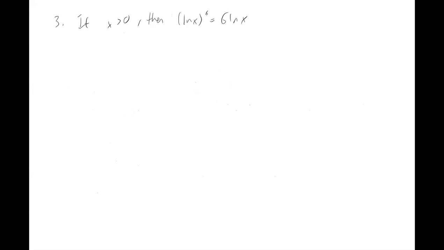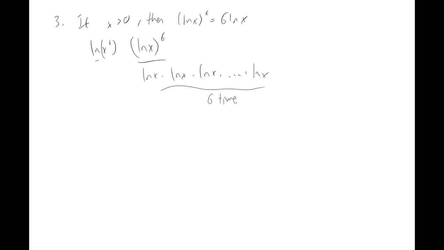So this is false. There's a difference between ln of x to the 6 and ln x to the 6th power. Here I'm taking ln of x to the 6th power. This is ln x times ln x times ln x, 6 times.